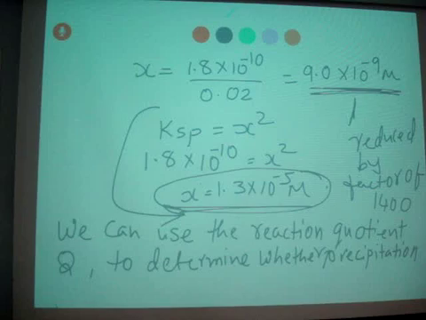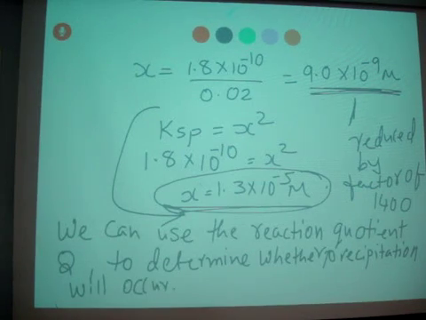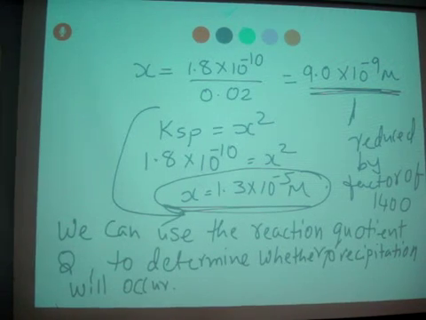So we will compare the K value and the Q value and we will try to find out whether the precipitation occurs or not. So now we are introducing Q, the reaction quotient Q, and we will compare it.